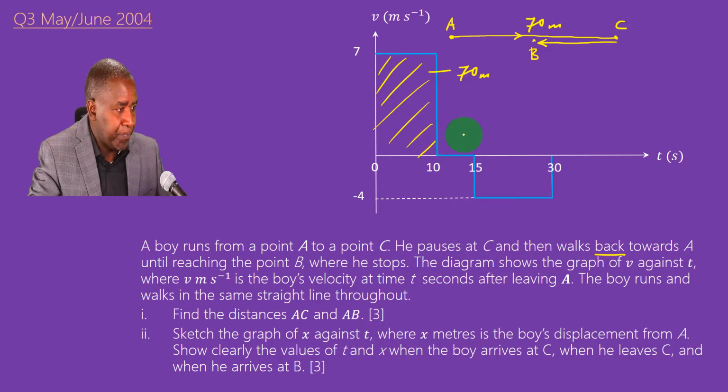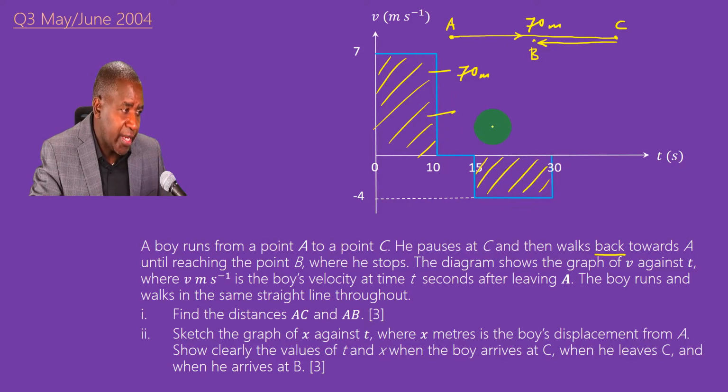AB. Now, the distance from A to point B, I need to know this. And CB is this one here.